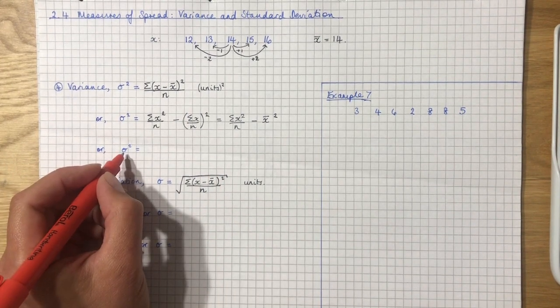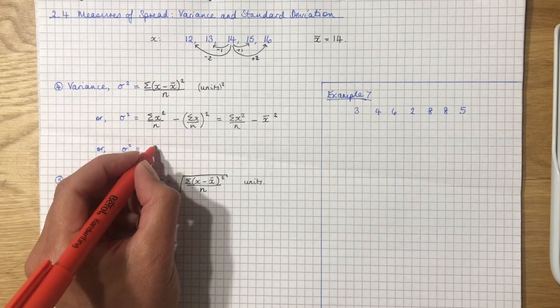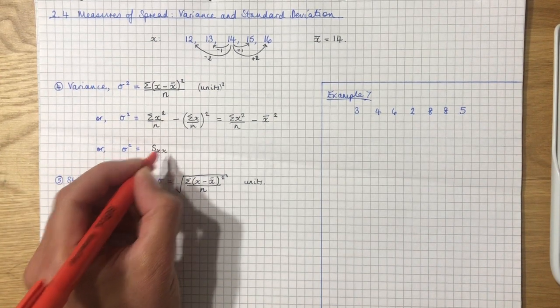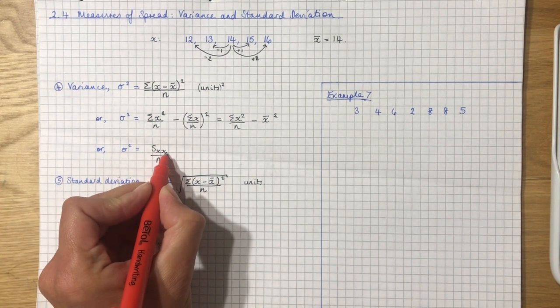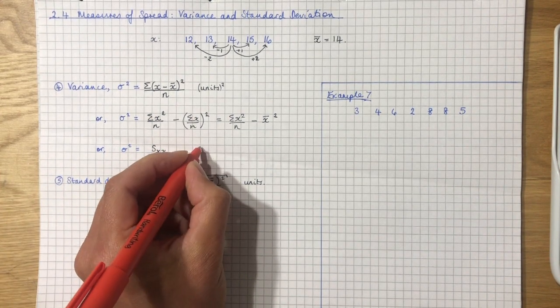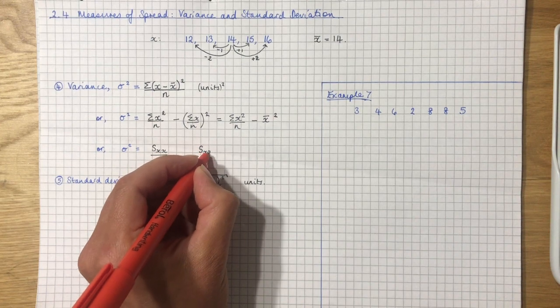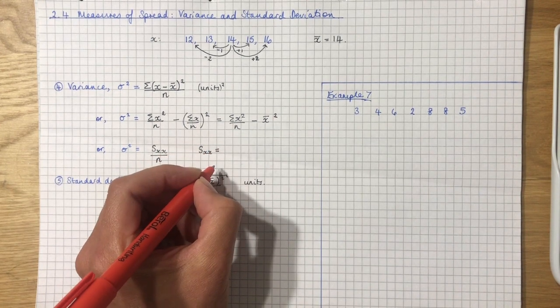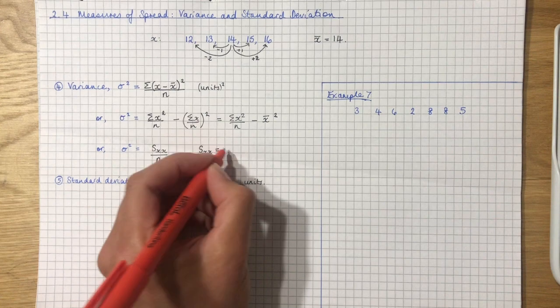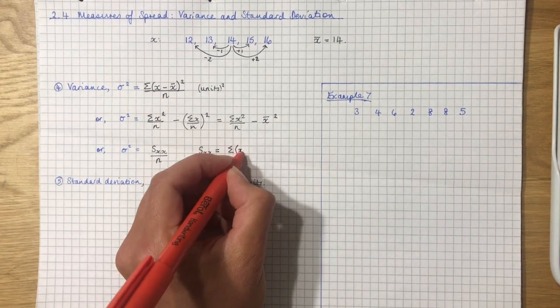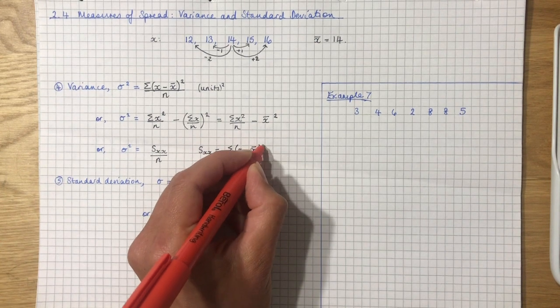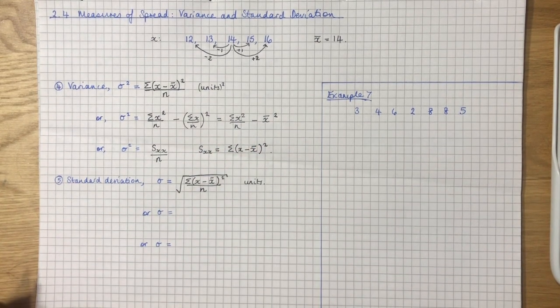Now, another way of doing it is using a very simplified formula that looks like this. But SXX is what we call a summary statistic, and it's just a short way of writing this here, the sum of the squares of the differences from the mean.